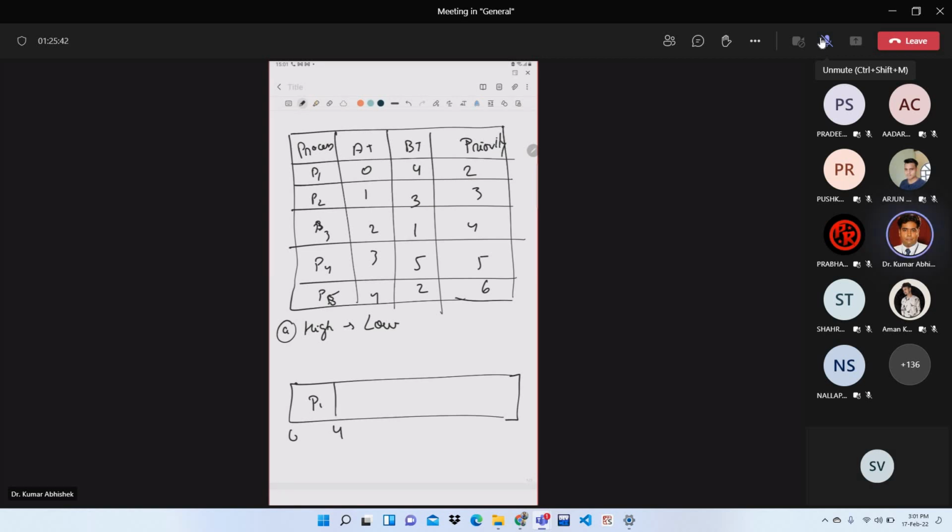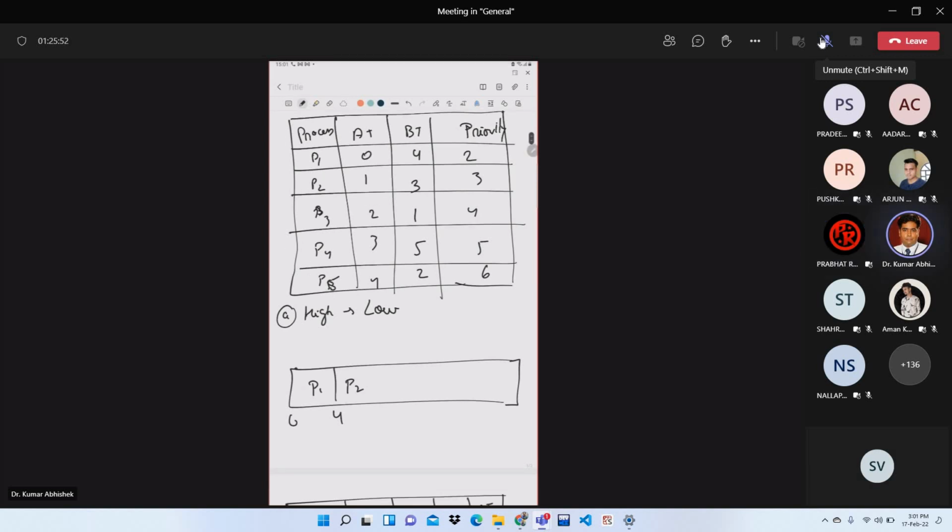At 4, we have P2, P3, P4 and P5. P2 will execute till 7. Then P3 will execute till 8. Then P4 will execute till 13 and P5 will execute till 15.